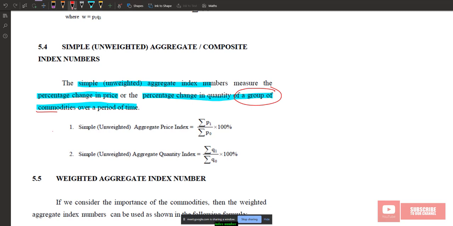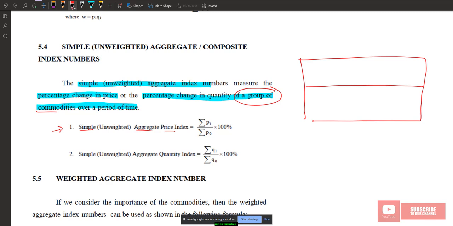So if you look at the first formula, simple aggregate price index, this is the summation of all prices in the current year divided by the summation of all prices in the base year. So let's say I have 3 commodities, for example. This is commodity number 1, commodity number 2, and commodity number 3, right?